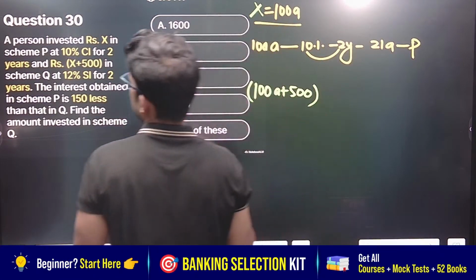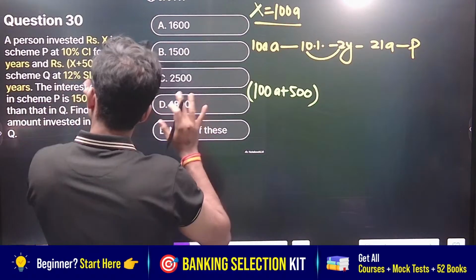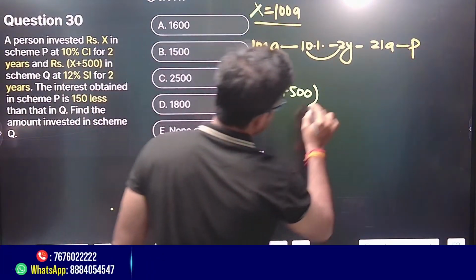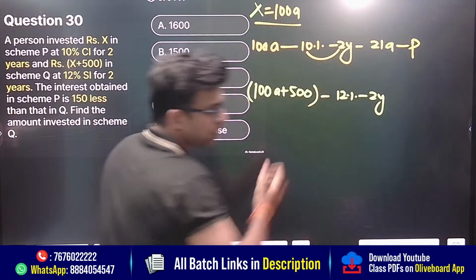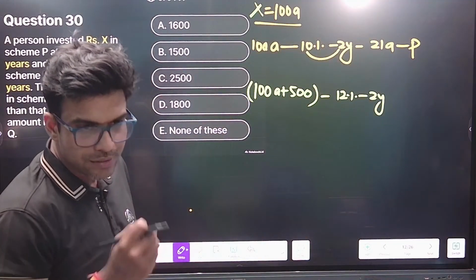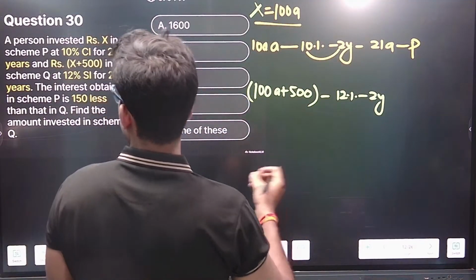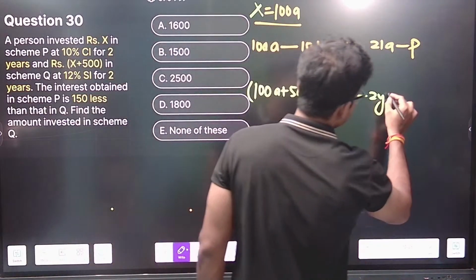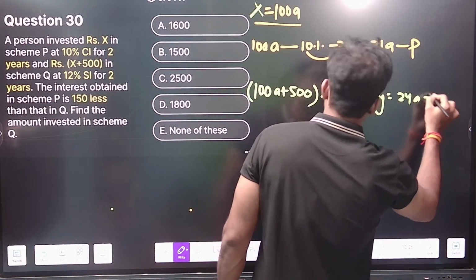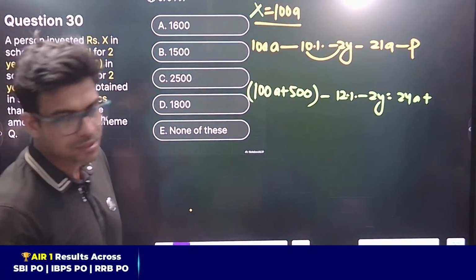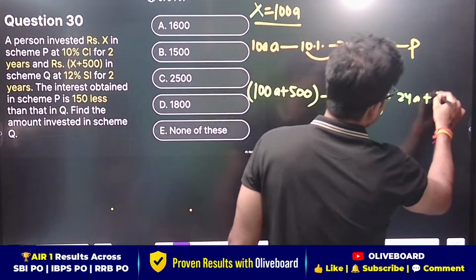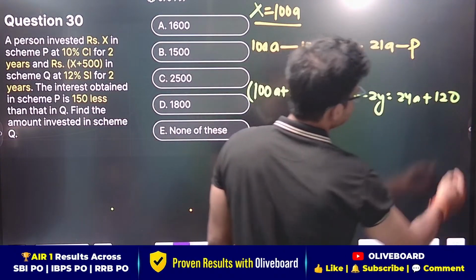Same question, scheme Q at 12% for 2 years. 12 twos are 24, so this is 24A plus 24% of 500, which is 120. This is Q.